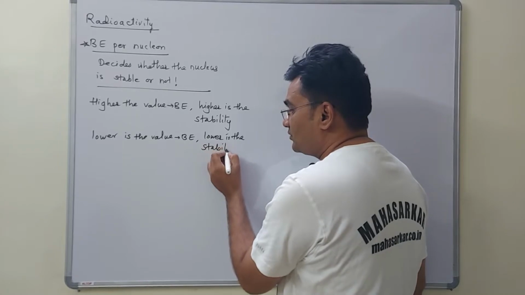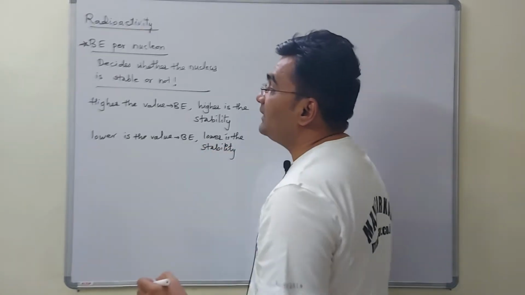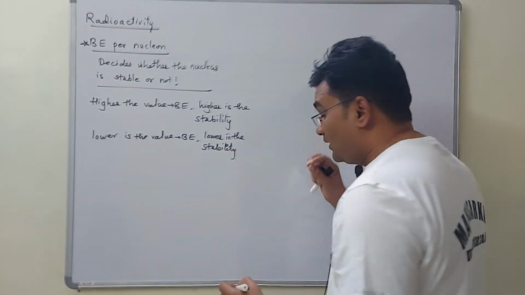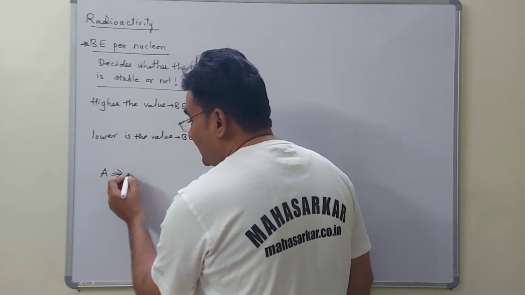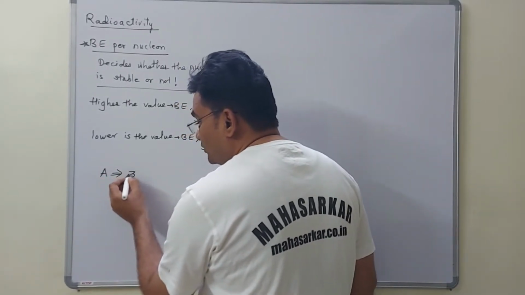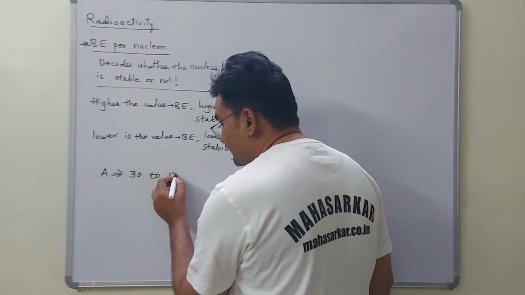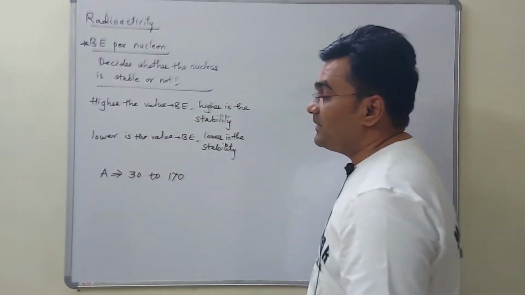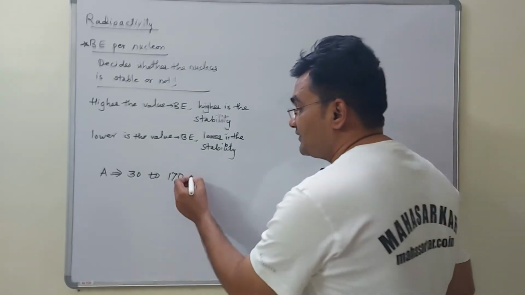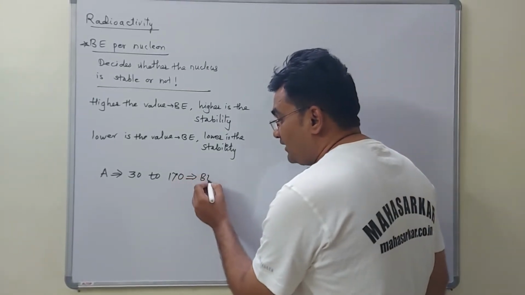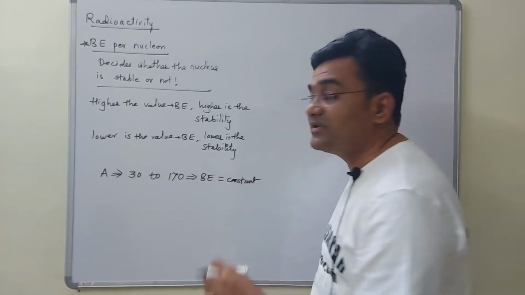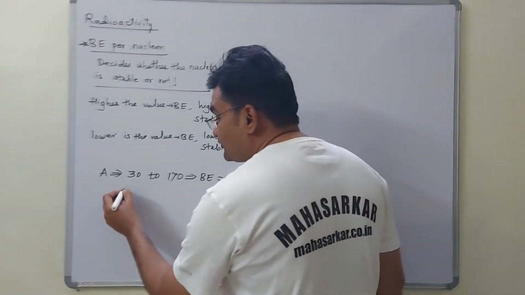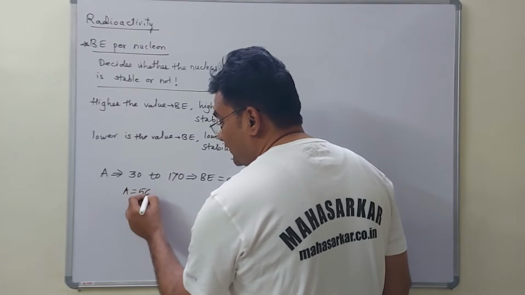Again, if you remember from the binding energy per unit nucleon curve, for elements with atomic mass between 30 and 170, the binding energy per unit nucleon almost remains constant. It is highest for A equal to 56.